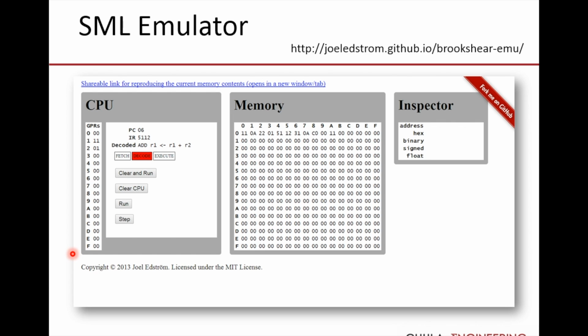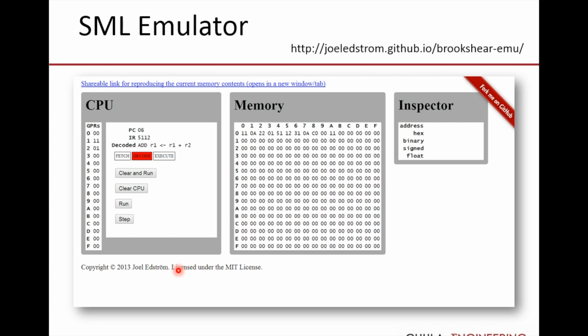The students can perform testing in the SML emulator. This is the URL where you can get the emulator. The emulator was written by Joel Estrom. It is in HTML with JavaScript, so it can be executed on any web browser.